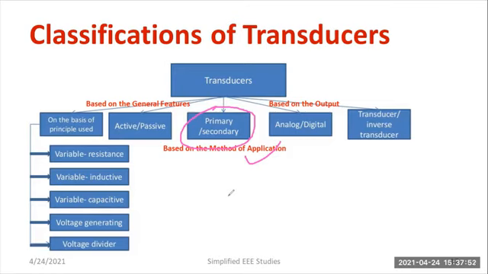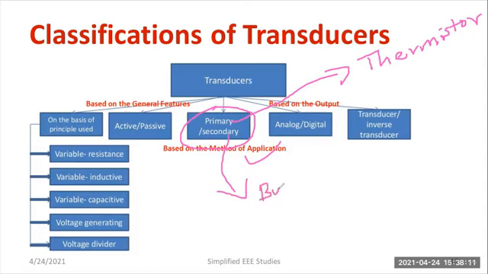What about secondary transducer? An example of primary transducer I am going to give is thermistor or RTD, whatever it may be. Regarding the secondary transducer, I want to give the best example, that is Bourdon tube. The purpose of the Bourdon tube is to measure pressure.